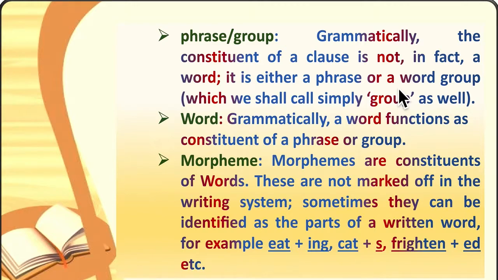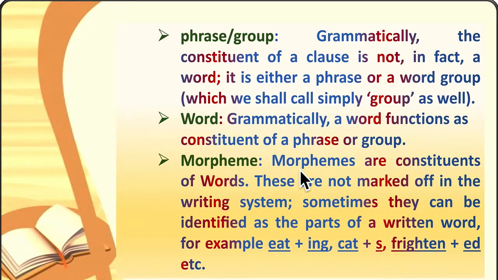So we have first clause complex, we have clause, then there is a clause nexus, and then we have phrase or group. Okay, and after phrase or group, look here, word. Grammatically, a word functions as constituents of a phrase or a group. Look here, we divide clause complex, then within clause complex we have clause, then the connection between one clause with another we call clause nexus, then within clause we have phrase or group, and within phrase or group we have word, and within word what we have?